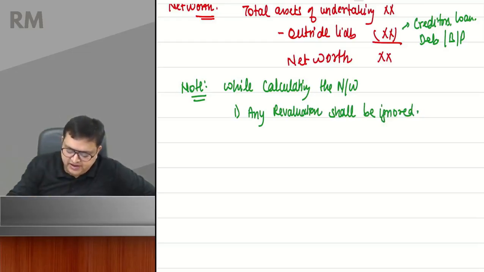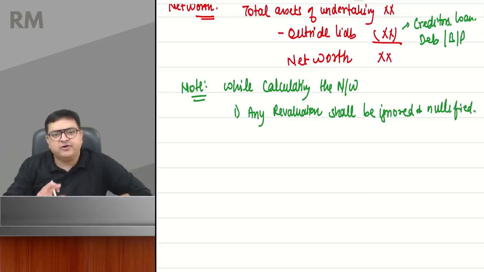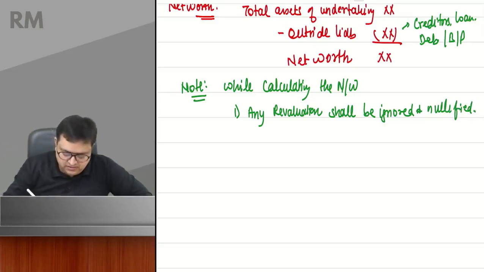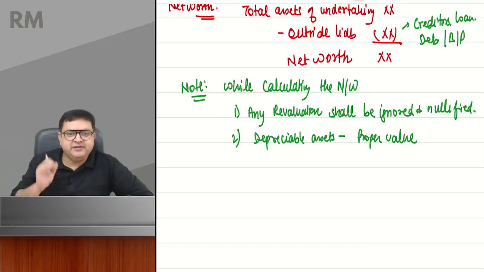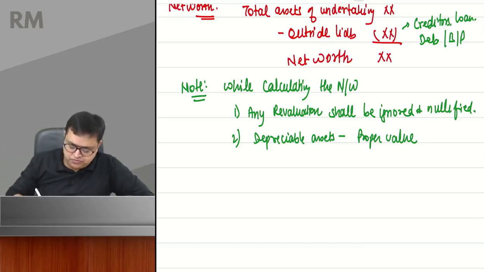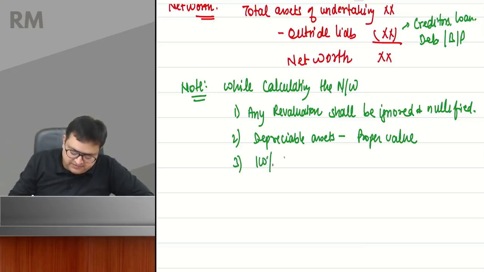Shall be ignored and nullified. Nullified means that we will take it before revaluation. Or, your depreciable assets shall be recorded at proper value. Proper value means after depreciation. Third, any deduction where 100% deduction is taken.